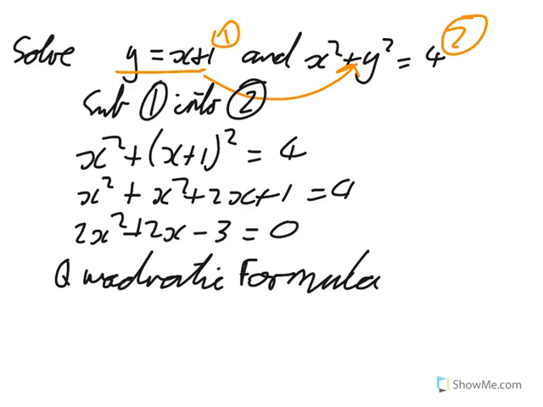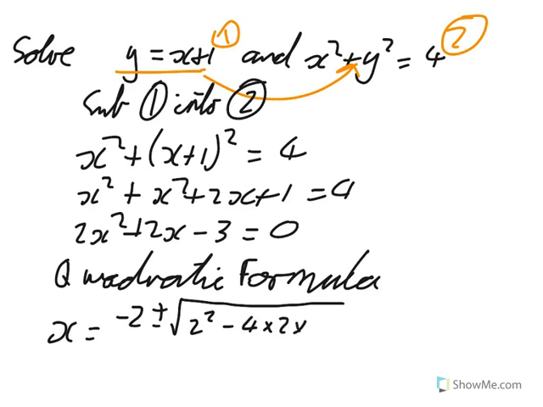Okay, so quadratic formula, x equals negative b, negative 2, plus or minus the square root of b squared, 2 squared, minus 4 times a, which is 2, times c, which is negative 3, all over 2a, so 2 2's is 4. When you work through that and solve it, you end up with x equals negative 1 plus or minus square root 7, over 2.